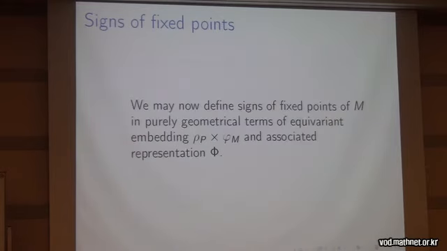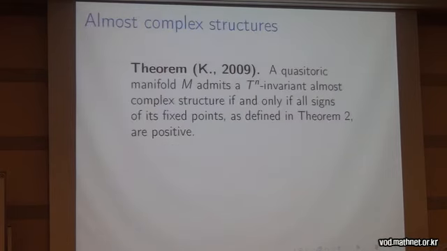And it follows that we can define the signs of fixed points in terms of equivariant embedding. And it's possible to reformulate the result on invariant almost complex structures only in terms of equivariant embedding. The result was that a quasitoric manifold M admits a T^n-invariant almost complex structure if and only if the signs of all its fixed points, as defined in Theorem 2, are positive.